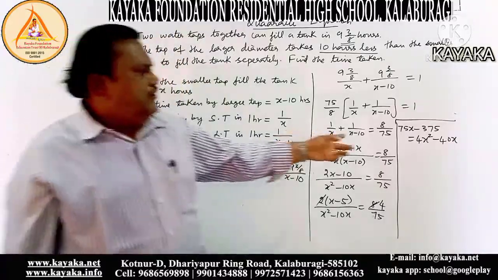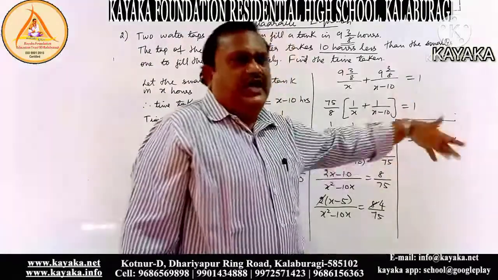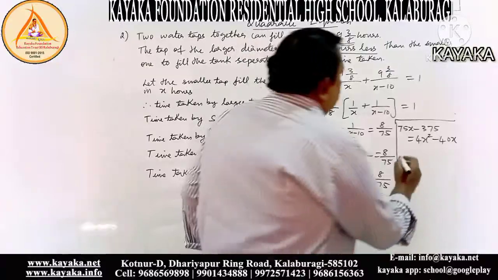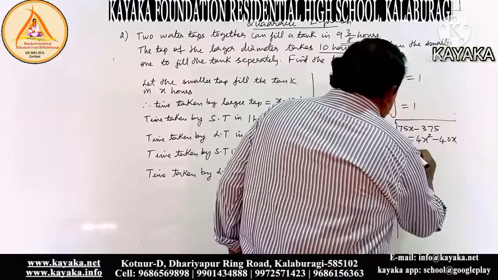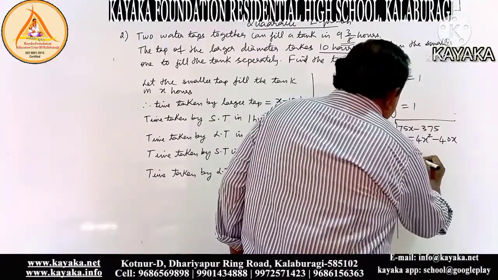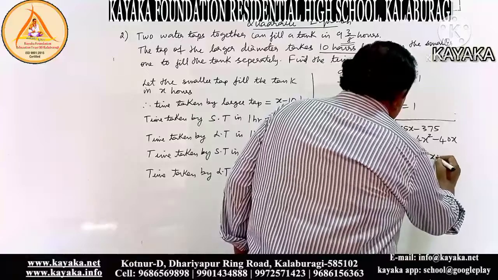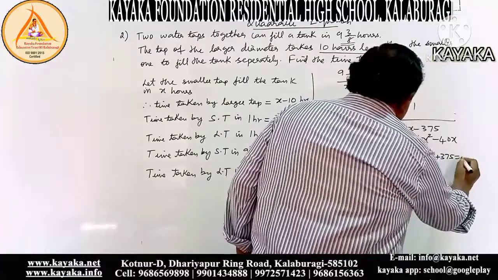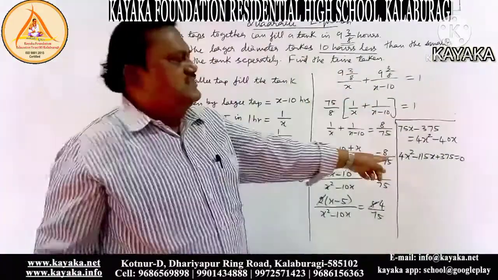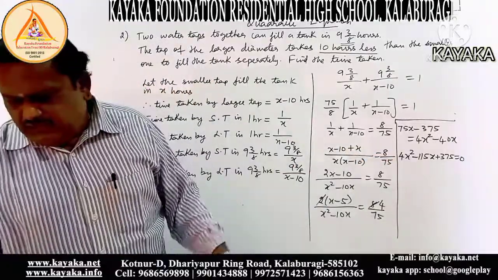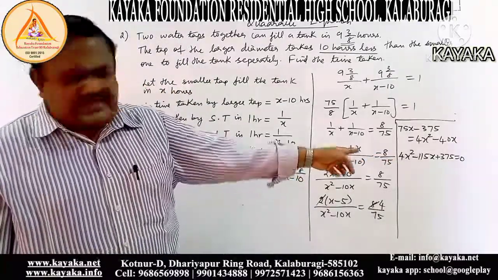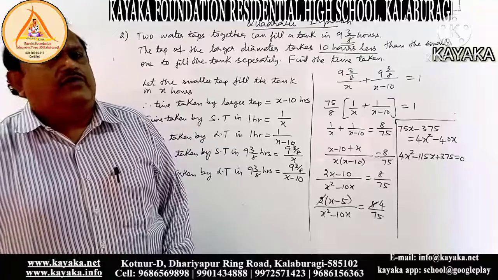Okay, dear children, now you can bring these two terms to the other side. Therefore you will get the quadratic equation 4x square minus 115x plus 375 will be equal to 0. This is the quadratic equation.